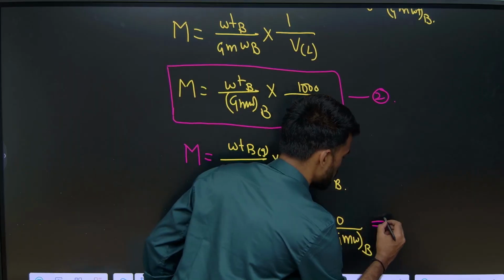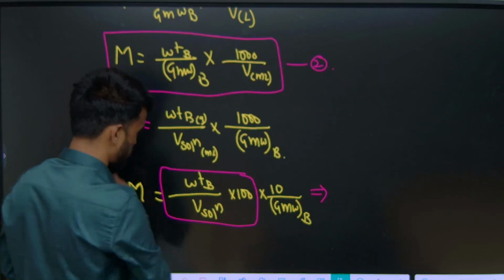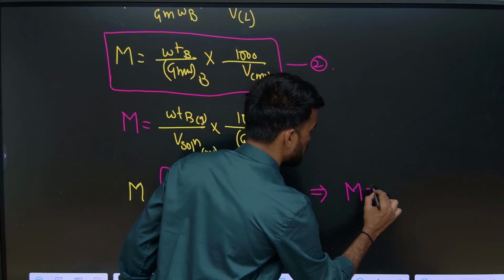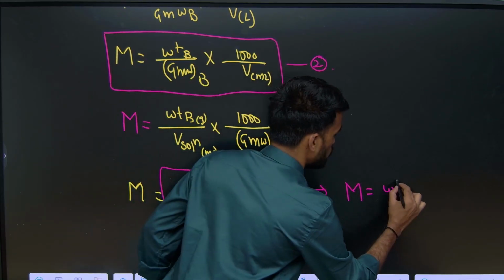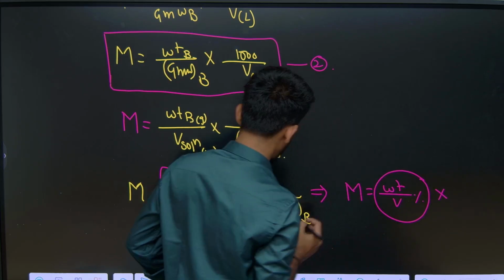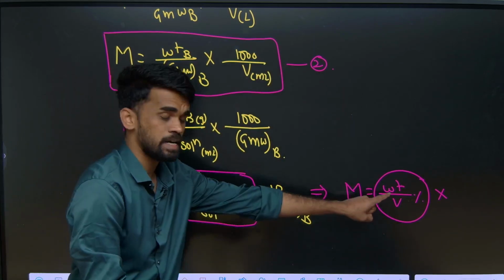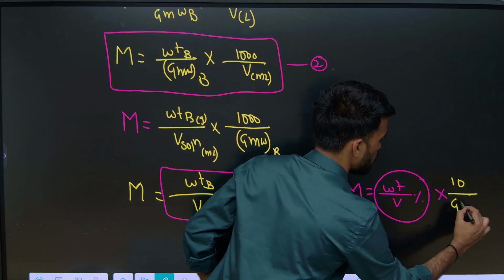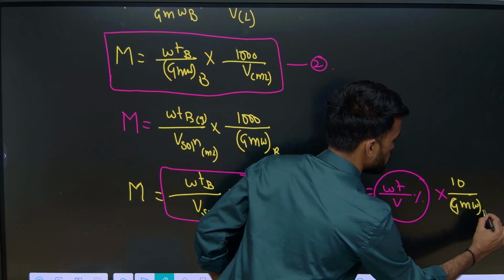So we got a relation between molarity and weight by volume percentage: molarity equals weight by volume percentage into 10 by gram molecular weight of that particular solute.